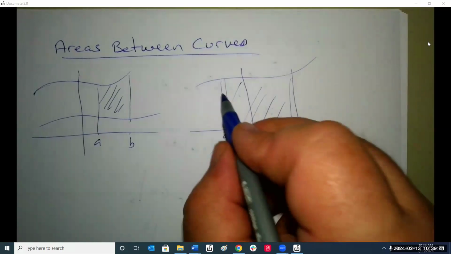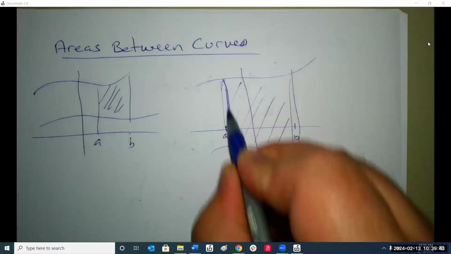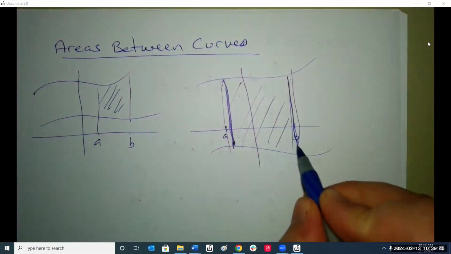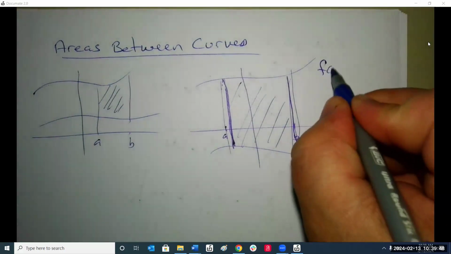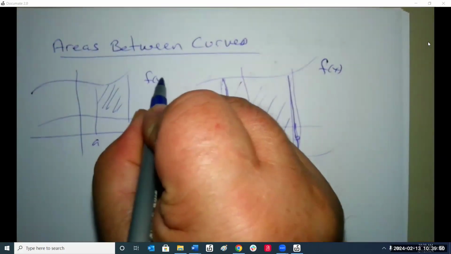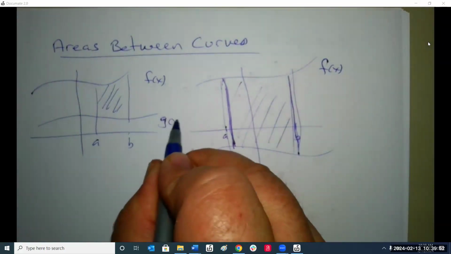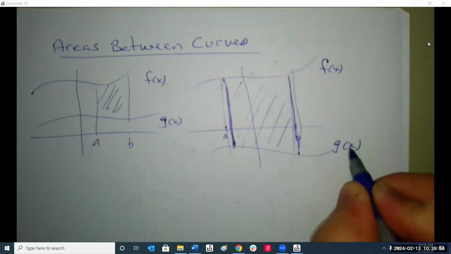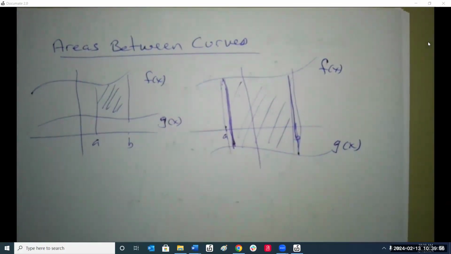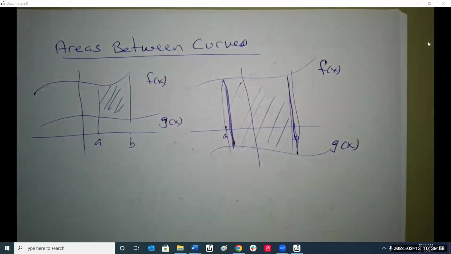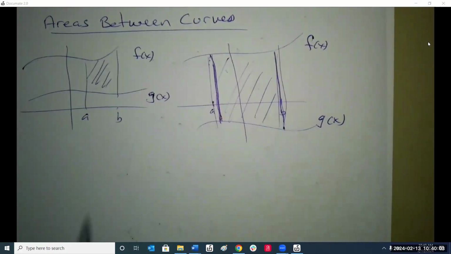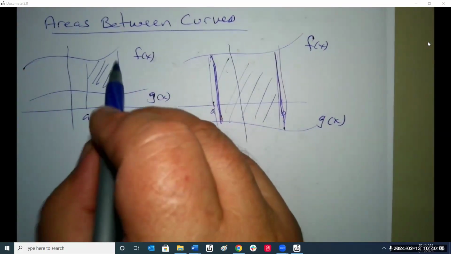So the left bounds of the line x equals A and x equals B, f of x, g of x. The same way we've always done it is to find the area between here.